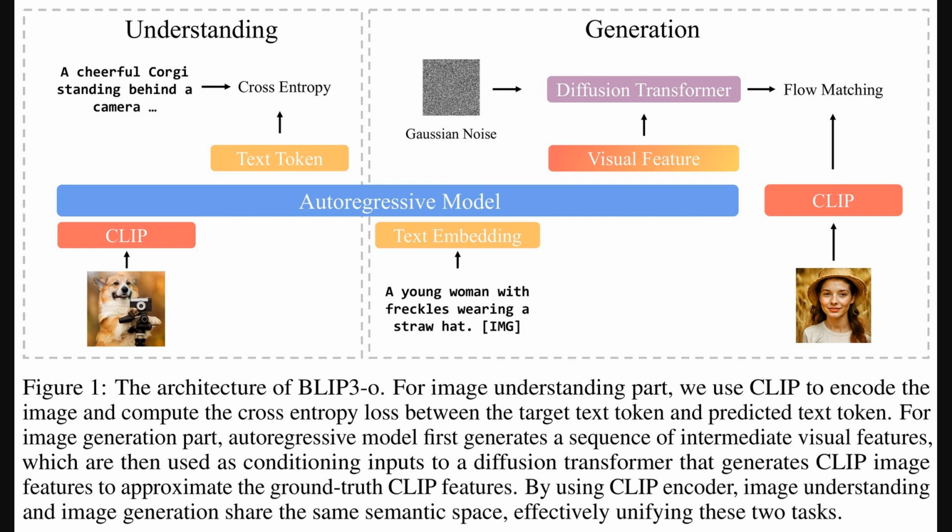This diffusion transformer then uses a technique called flow matching, which is a sophisticated way to guide the generation process to transform initial random data, or Gaussian noise, into detailed CLIP image features, ultimately creating a new image. The shared autoregressive model and the use of CLIP on both sides are key to how BLIP3-o unifies these tasks.